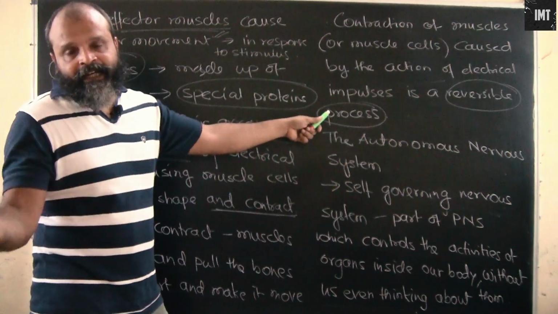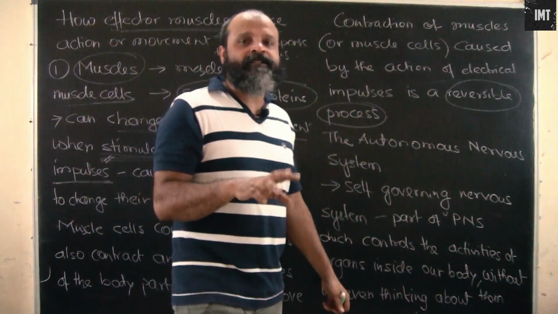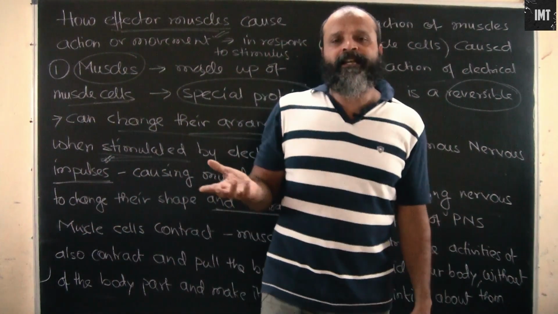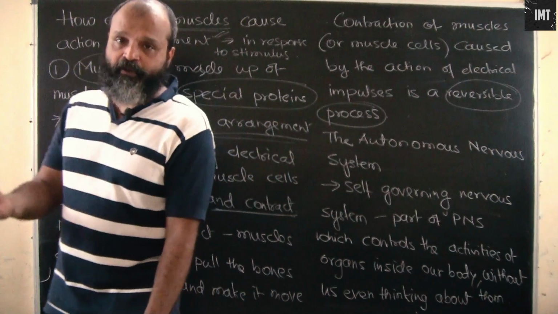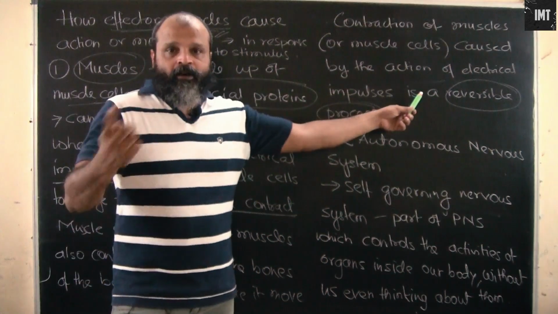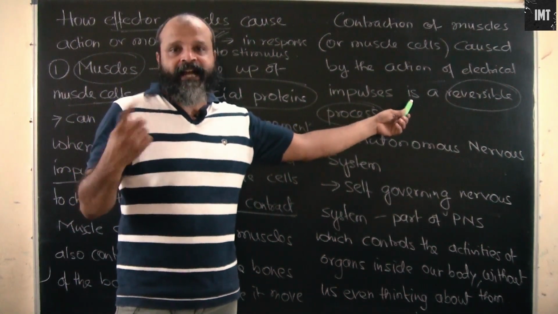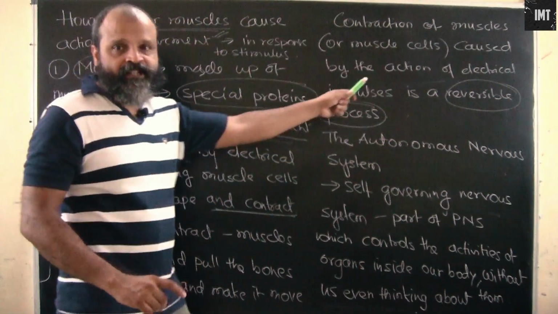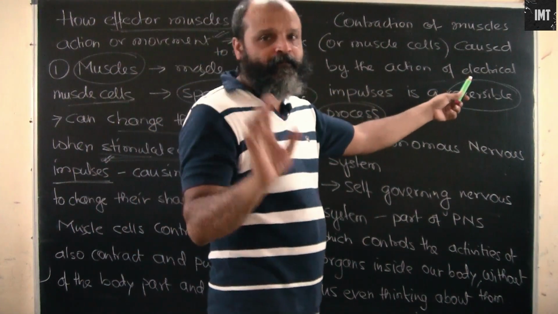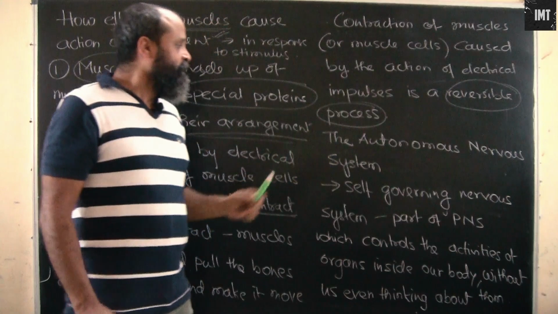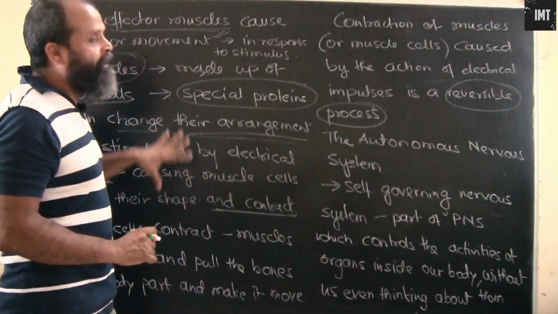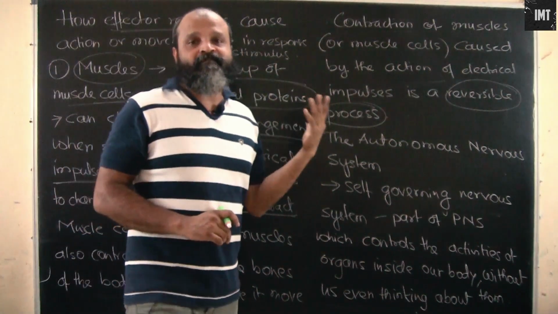So just as there is a contraction, there is a corresponding elongation that can also be produced. So it is a reversible process, not a permanent process. So this was about how we respond by our effector muscles.